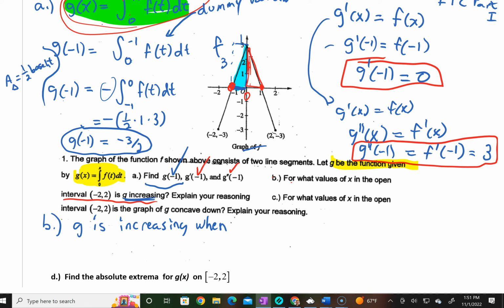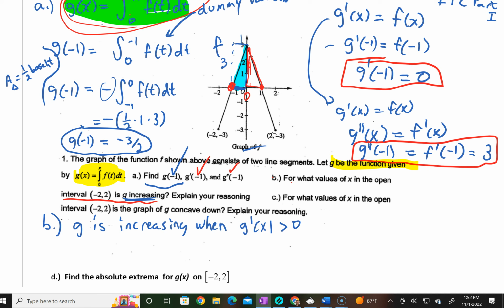Well, when g prime of x is positive. But yeah, Rudva, what you just said is the same thing. By its purest definition, a function is increasing when its derivative is positive.